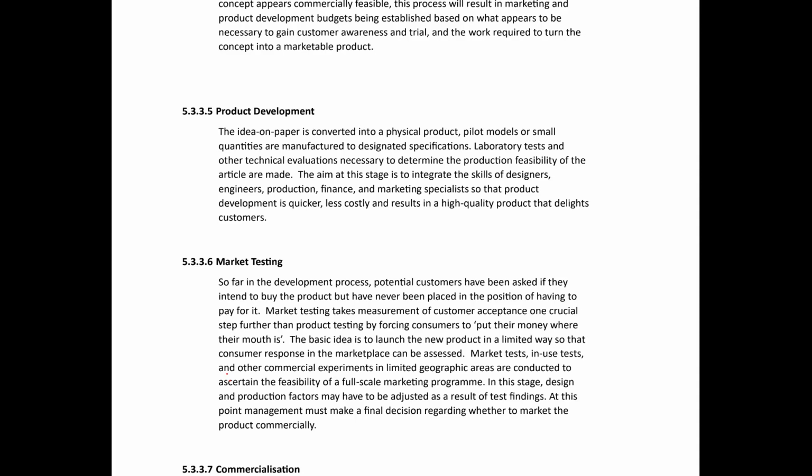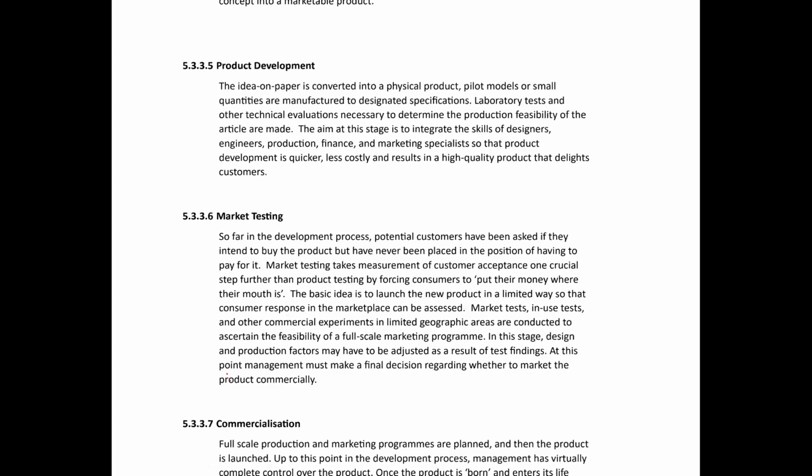The laboratory tests and the other technical evaluations necessary to determine the production feasibility of the article are made. Now, the aim of this stage is to integrate the skills of the designers, the engineers, production, finance, and marketing especially, so that product development is quicker, less costly, and results in a high quality product that delights the customers.